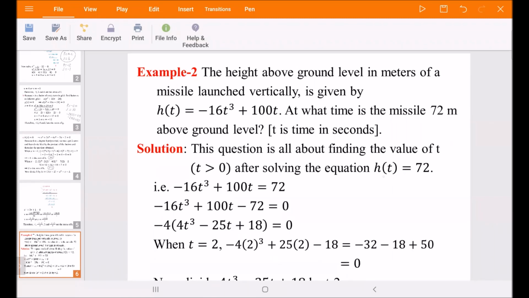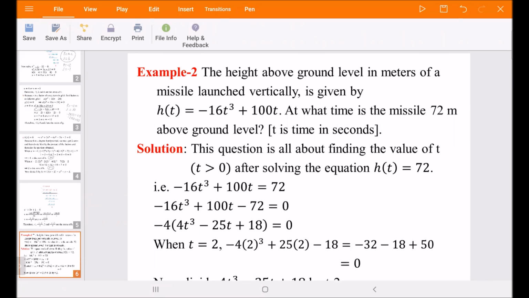After solving the equation h of t is equal to 72, -16 t cubed plus 100 t is equal to 72 is obtained. Then take 72 to the other side in order to write this equation in the standard form. Writing an equation or an inequality in the standard form means one side of the equation or the inequality is equal to 0.